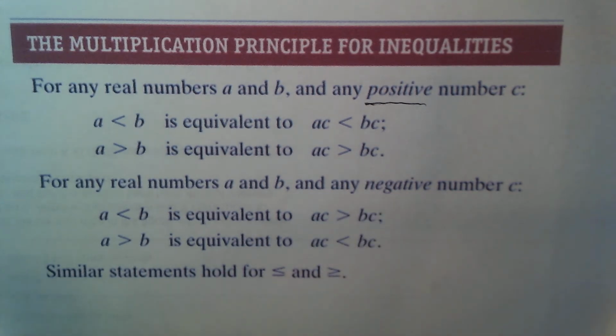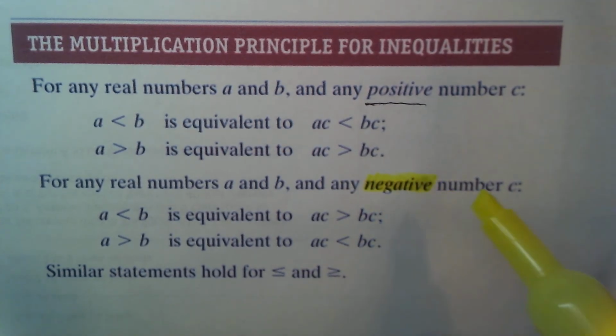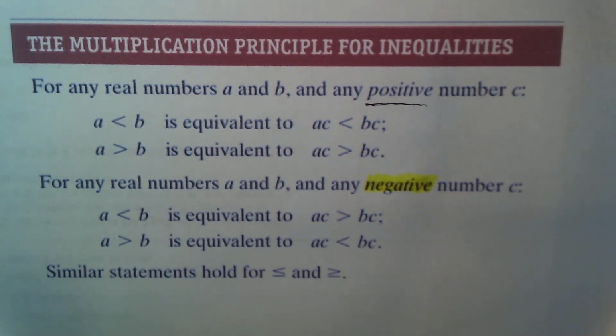However, here's the difference, and really pay attention to this. For any real numbers a and b, and for any negative number c, it's a little bit different when we multiply an inequality by a negative number. That is key. Multiplying by a negative number or dividing by a negative number is the same thing in principle.